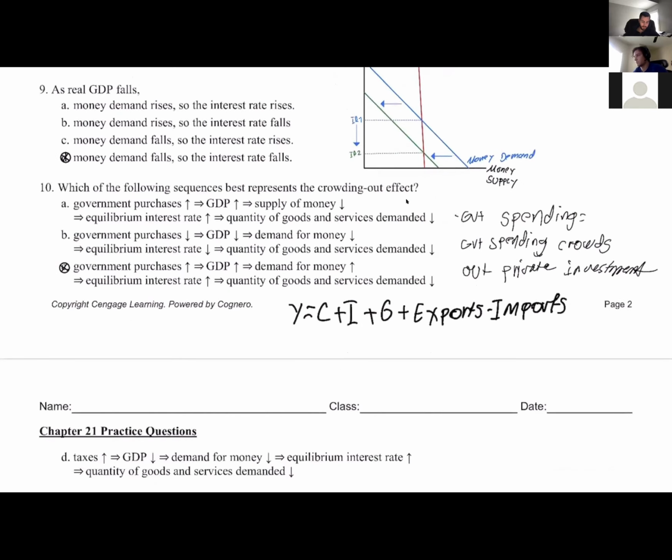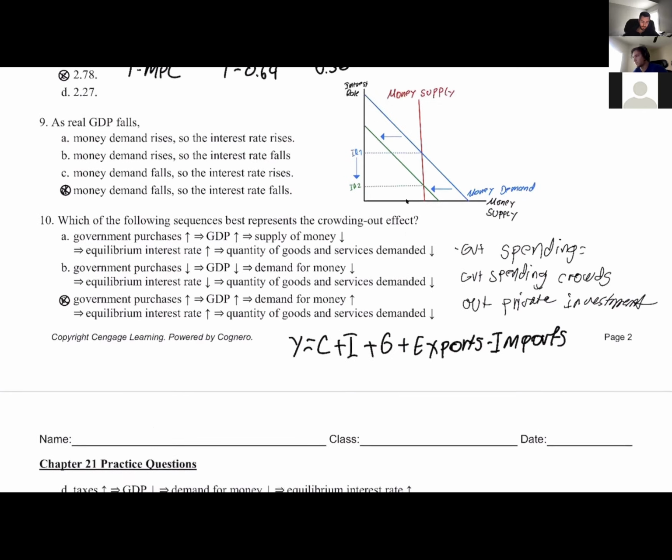And we're basically, again, saying that the government is trying to increase the demand for money by doing these government purchases. So if this G increases, the demand for money increases. So the opposite of here, this curve shifts up.